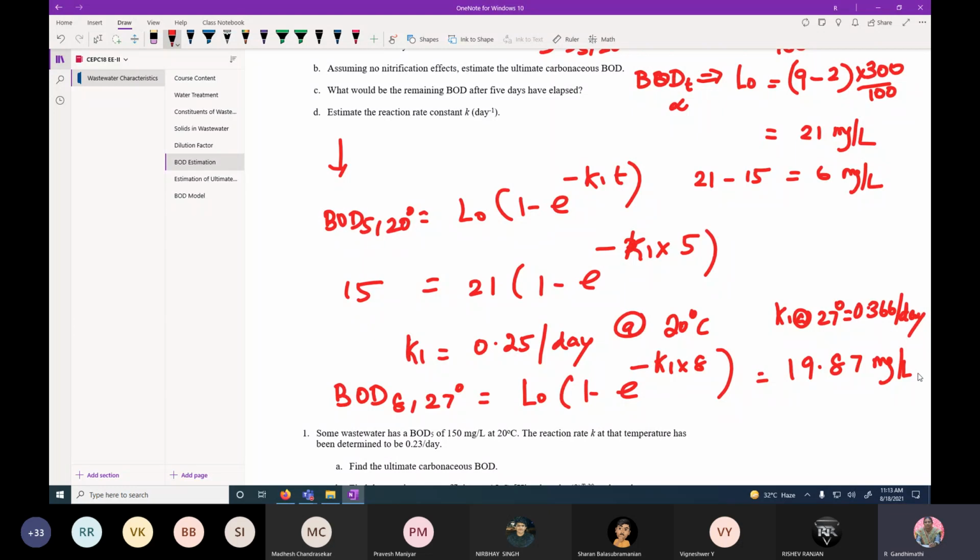You have ultimate BOD, you have BOD 5,20, you have BOD 8,27. Can you comment about the results?